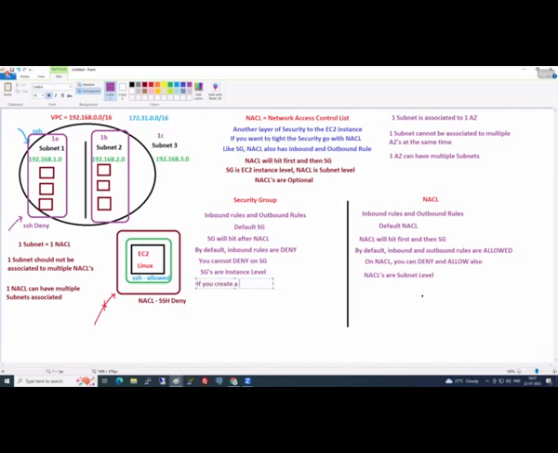If you create any new security group, inbound rules are denied and outbound rules are allowed.